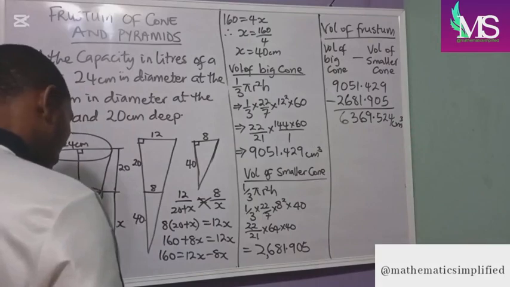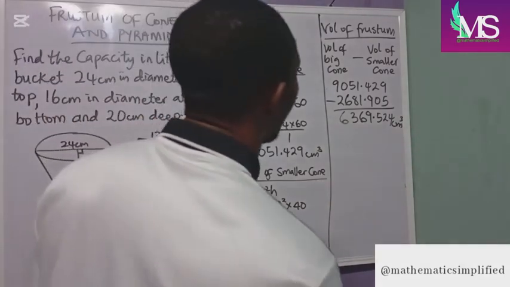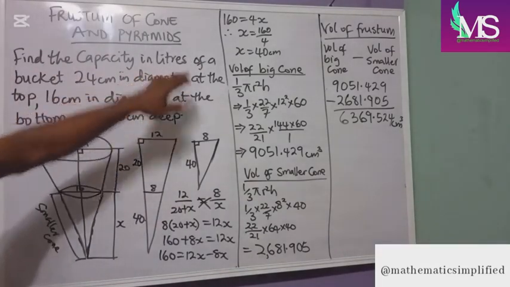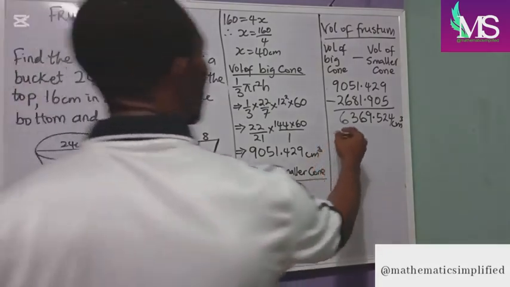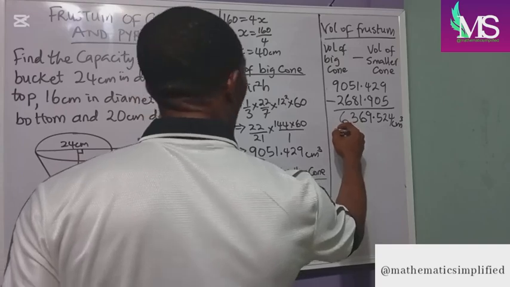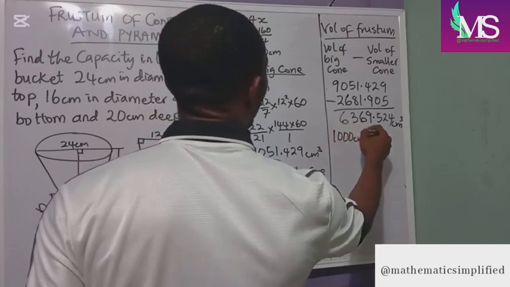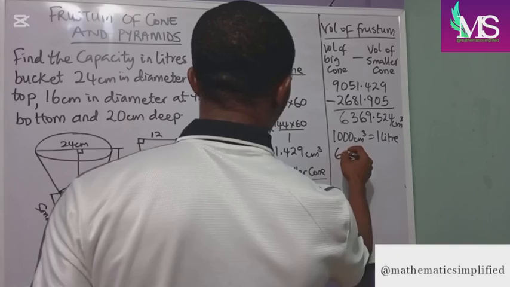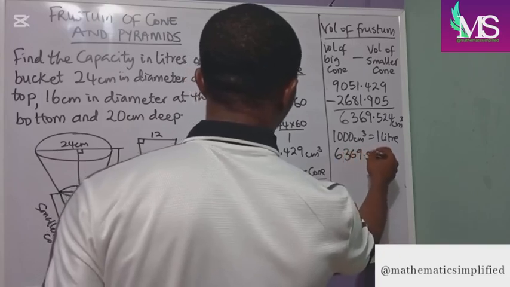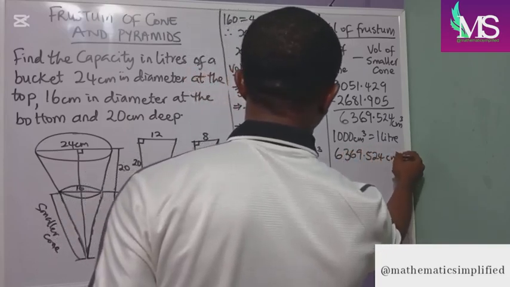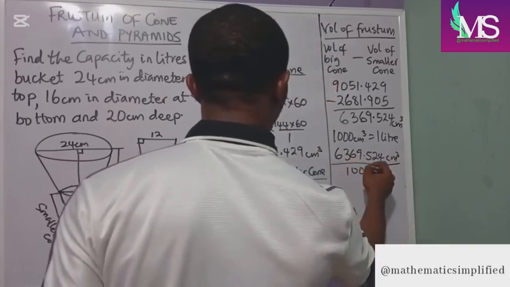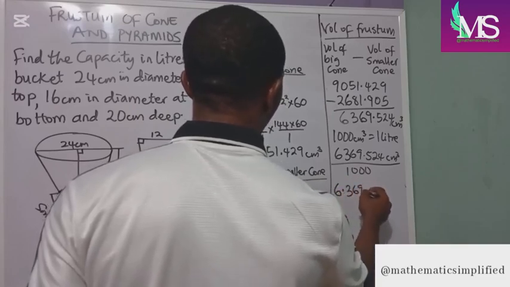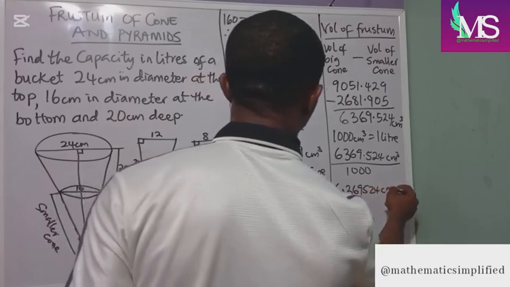Okay, in cm cube. Now, but they said we should find the capacity in liters. So we know that 1000 cm cube equals to 1 liter. So 6369.524 cm cube divided by 1000 is going to become 6.369524 liters.